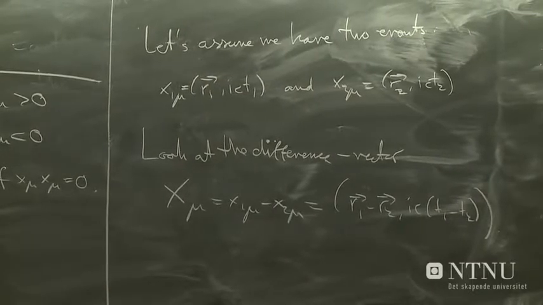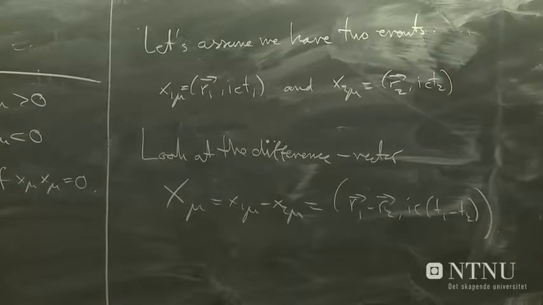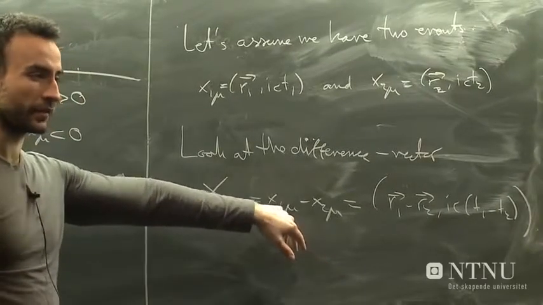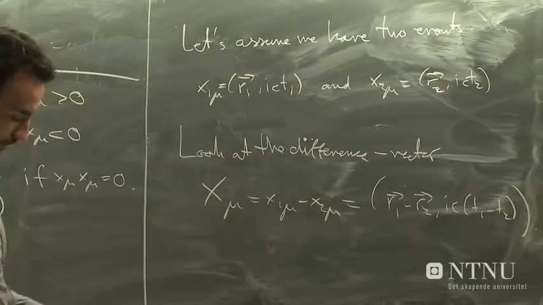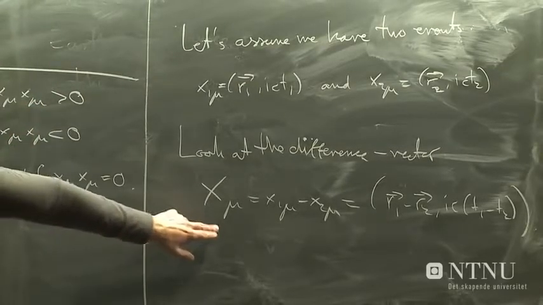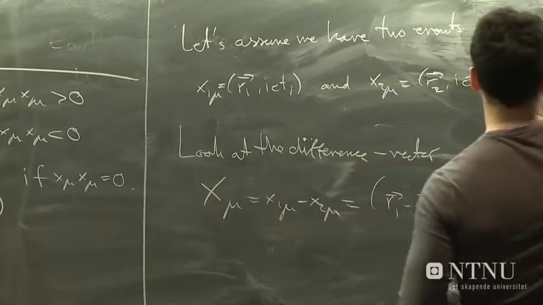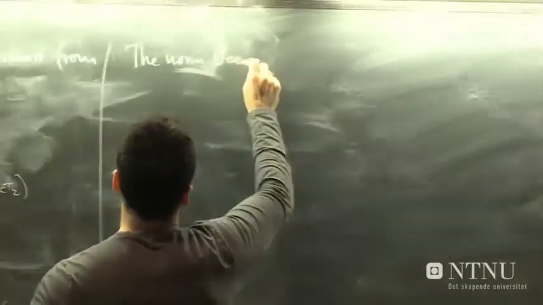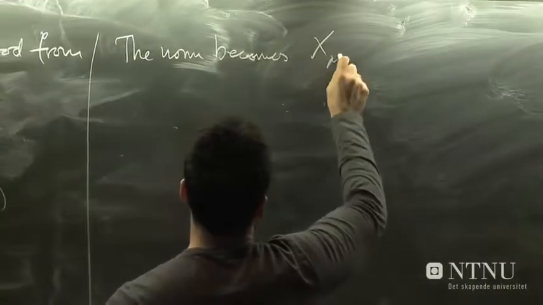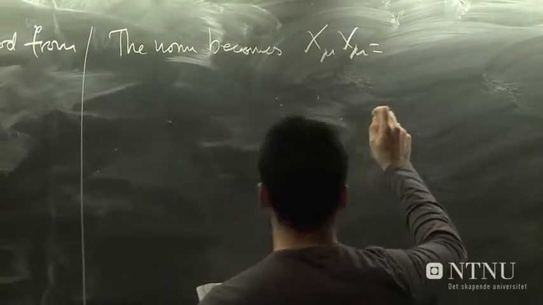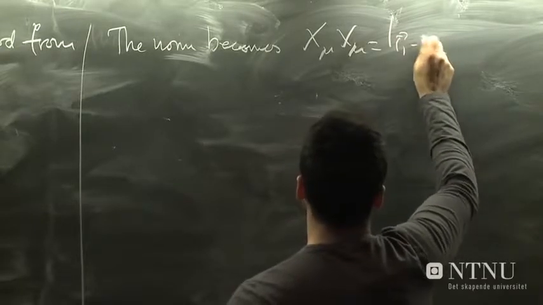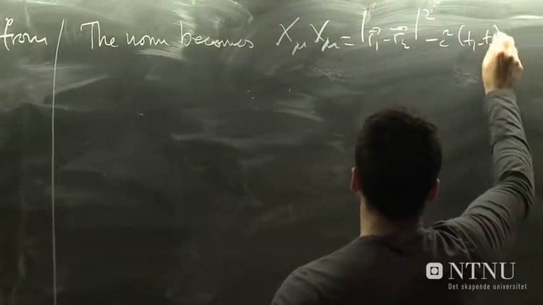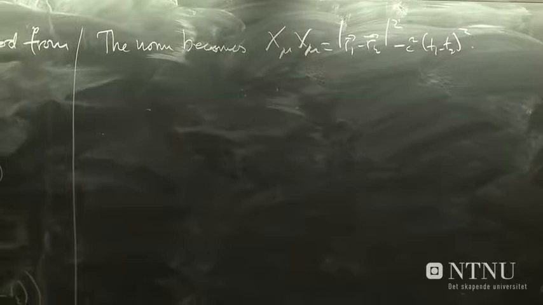Consider now the difference between these 2 events. So we construct a vector large X^μ, which is equal to the difference between the position 4-vectors of these 2 events. In other words, the norm of this vector will be the following.